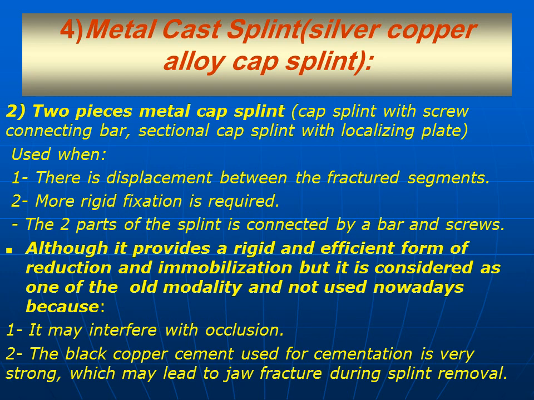Then I give anesthesia, I make a reduction, I return the fractured segments in the proper position guided by the opposite occlusion. Then I will use the bar and screw this bar to both segments, therefore it is now fixed in position. That's why we use it in case of severe displacement. If I have minimal displacement, I can use the one-piece metal splint.